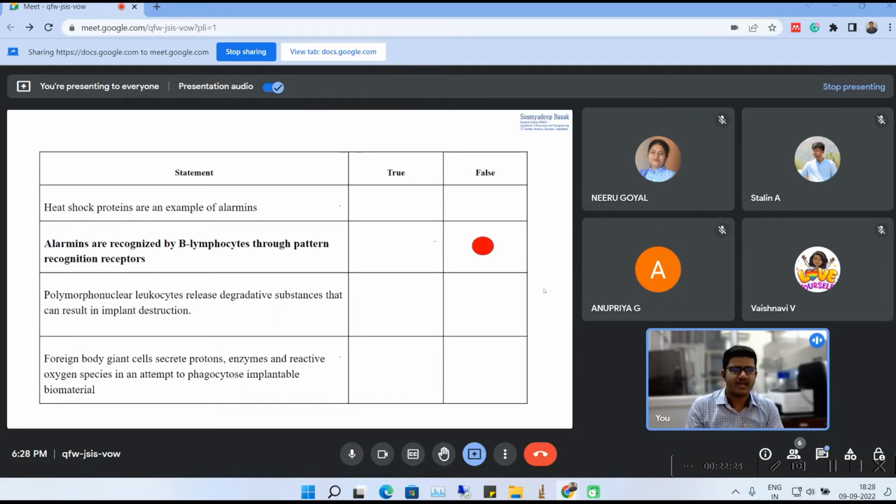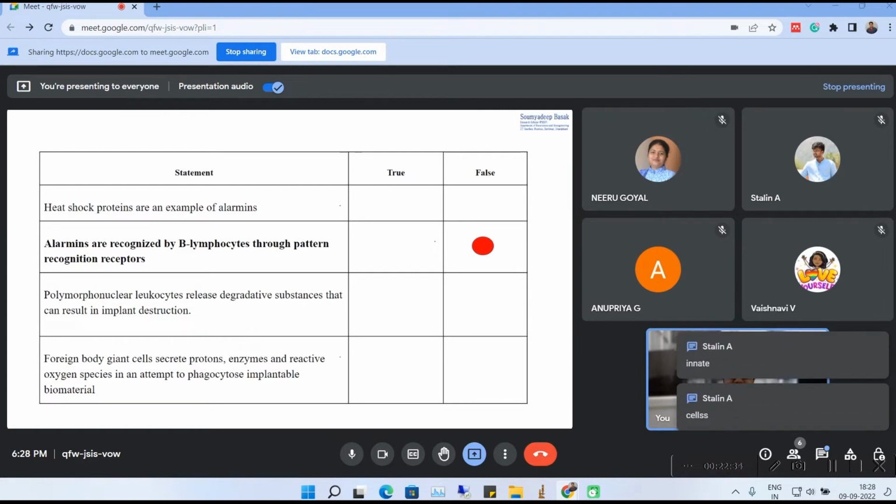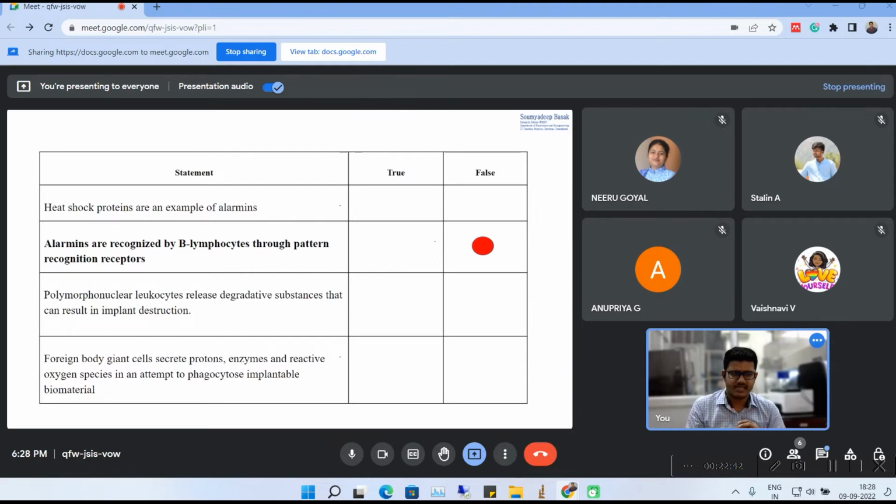What kind of cells recognize alarmins? What kind of cell? So they will be recognized by macrophages that are present in that particular tissue.